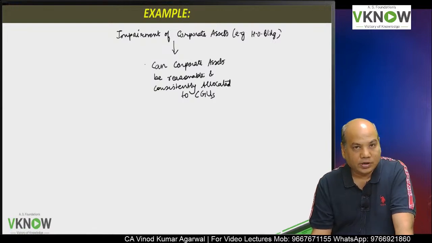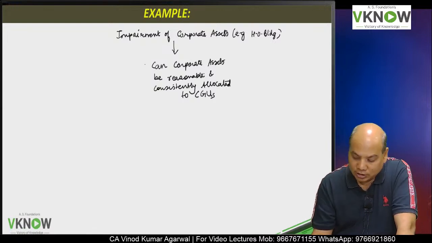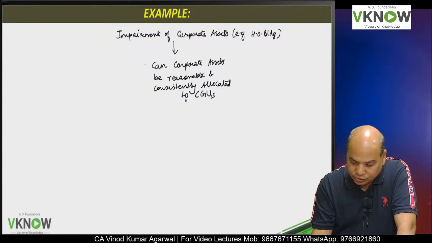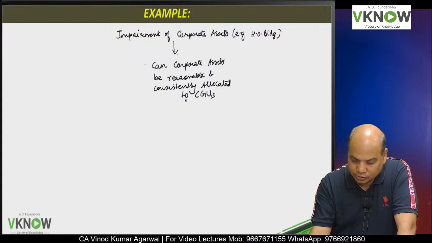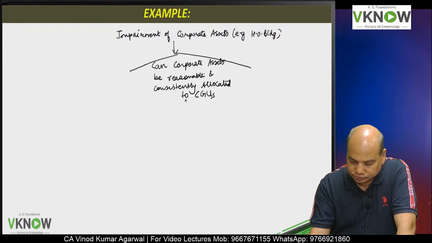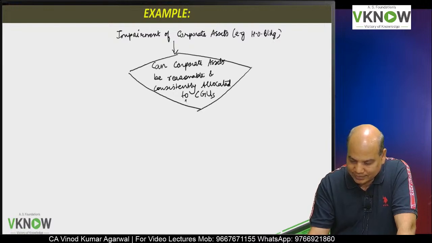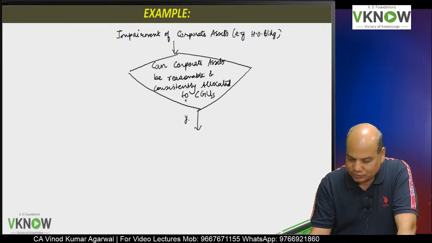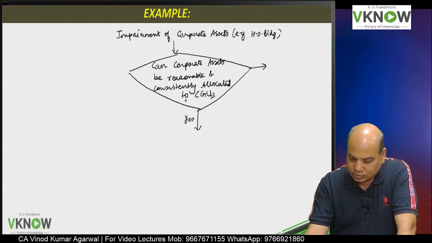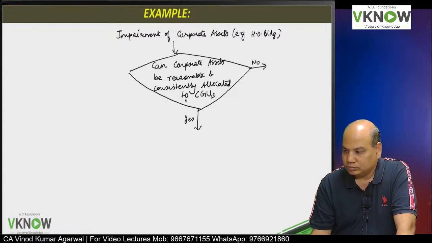Can a corporate asset be reasonably and consistently allocated to CGUs? That is the question. The answer can be yes. The answer can be no.